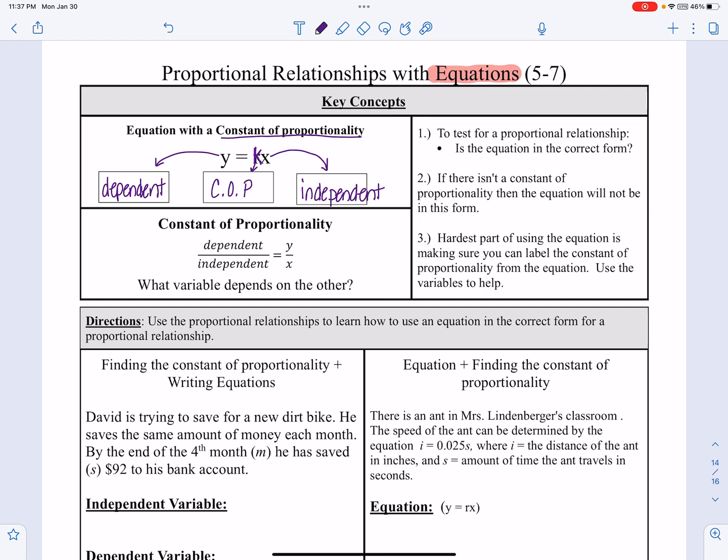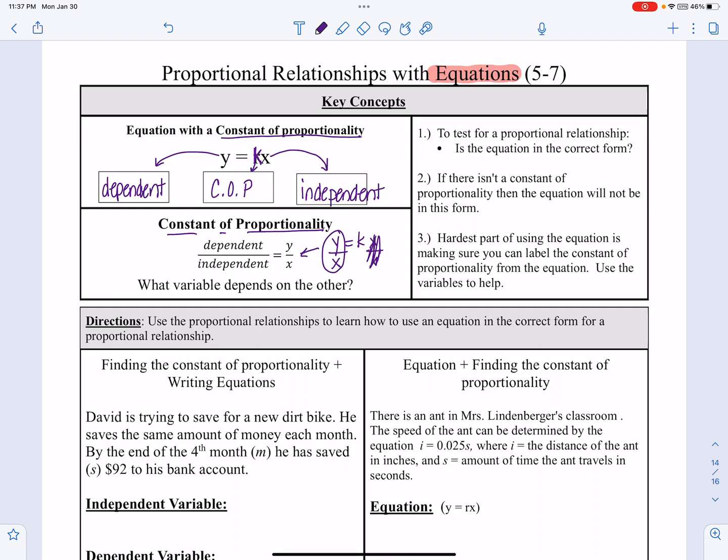And so the equation for constant of proportionality, if you write it in fraction form, is always going to be Y over X. And here's why if you look at this. So Y equals K times X. If you wanted to solve for the constant of proportionality, we would divide both sides by X. And you can see that would cancel out, and we end up with Y over X, just like we're showing right here.